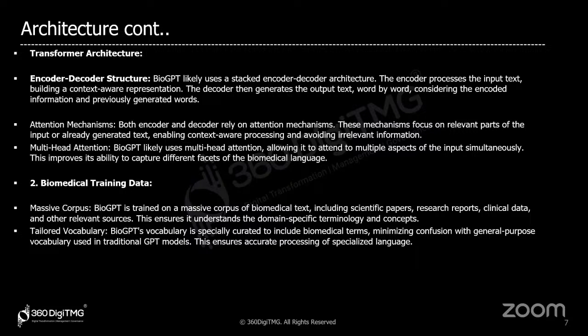Likewise, we have multi-head attention mechanisms. BioGPT likely uses multi-head attention, which allows it to attend to multiple aspects of the input. For one input, we can have multiple projections.